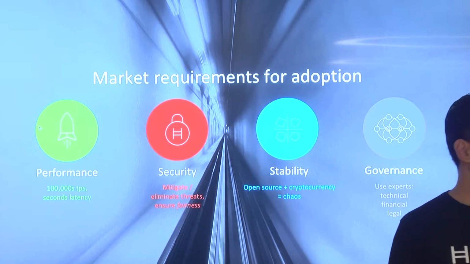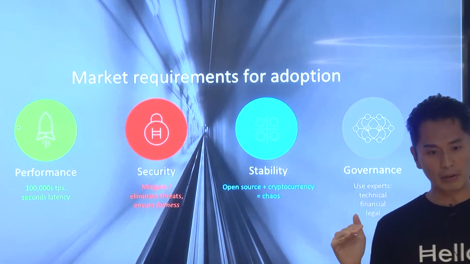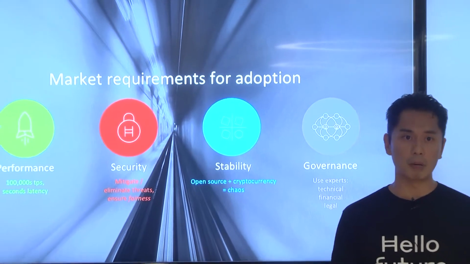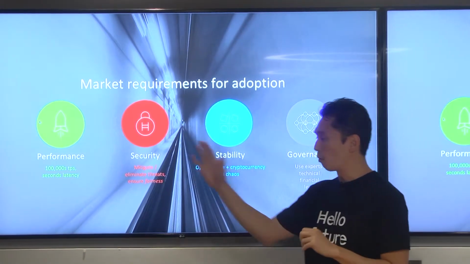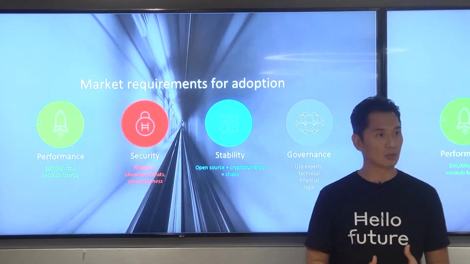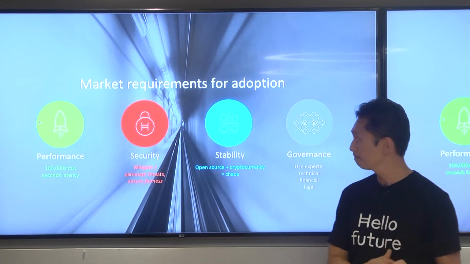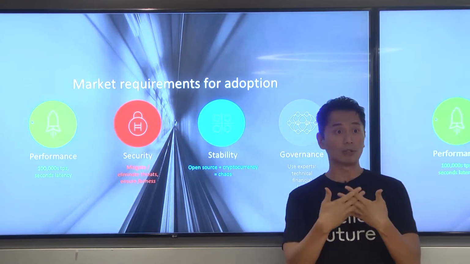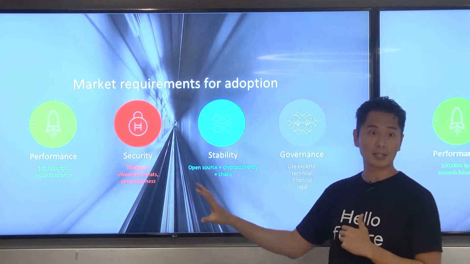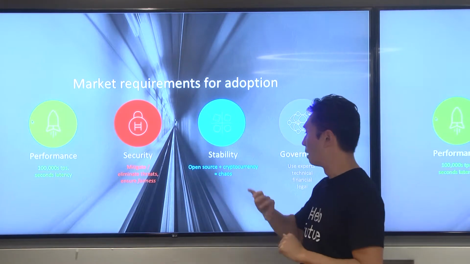And if you look at the public ledgers today, there's very little mainstream adoption of the public ledgers. And we've narrowed it down to 4 main reasons. Performance, you just cannot do very much with 5 to 20 transactions per second. Security, if you need a platform to transact trillions of dollars on top of, you need the highest level of security possible.